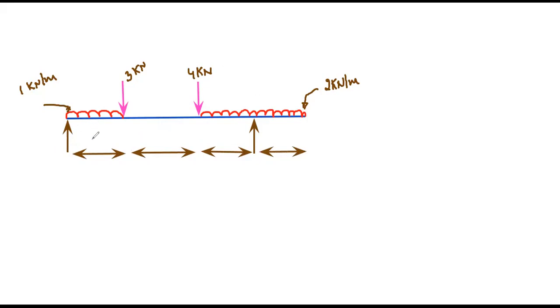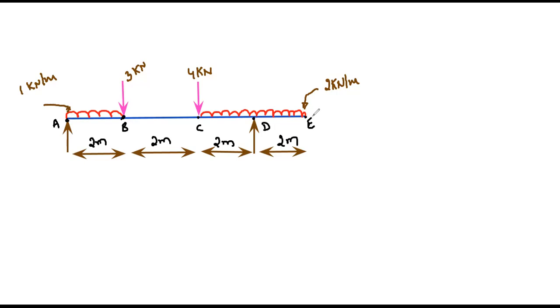So here it is 2 meter, again 2 meter over here. This is 2 meter, this is 2 meter. Let us call this point A, this B, this C, this D, and here you can call it E.